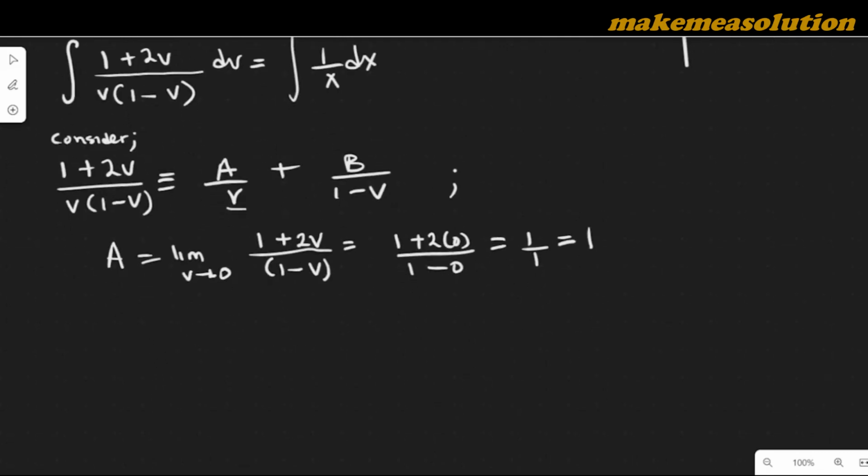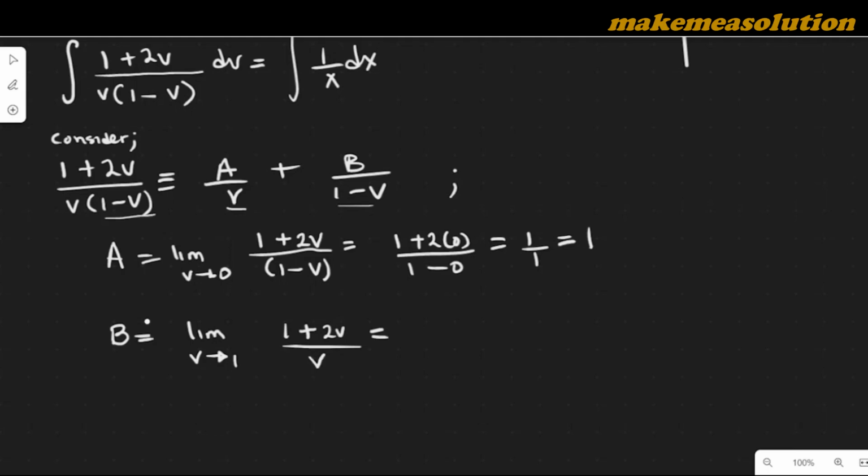Going down to b will be the limiting value as v tends to what? That is very correct, 1. So you have the main fraction 1 plus 2v. So you're going to cover up the linear factor for 1 minus v on this side. So in covering up, you're going to be left with only v.